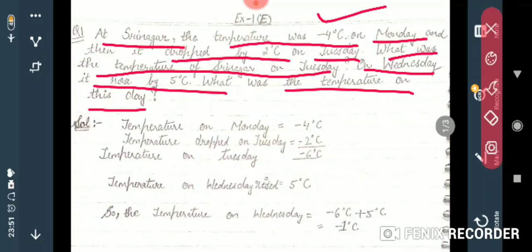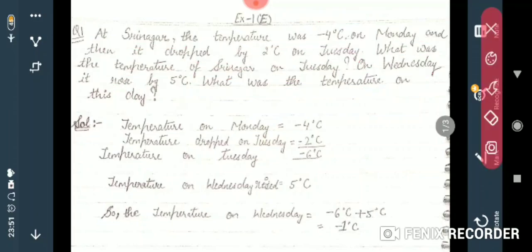In the question it is mentioned that on Tuesday the temperature of Srinagar dropped, that means it decreased by 2 degrees Celsius, while on Wednesday it increased by 5 degrees Celsius. So what was the exact temperature?